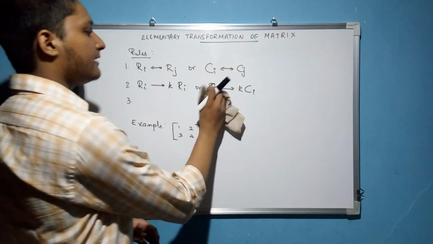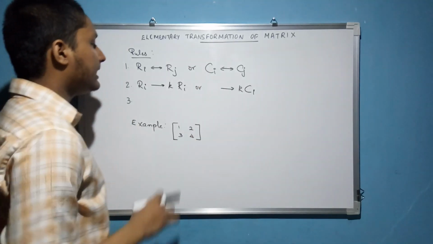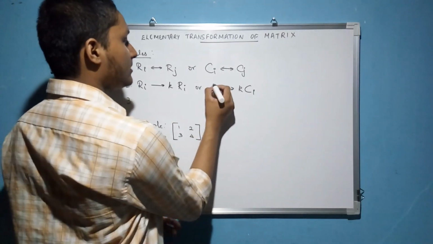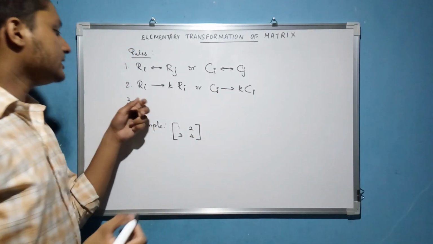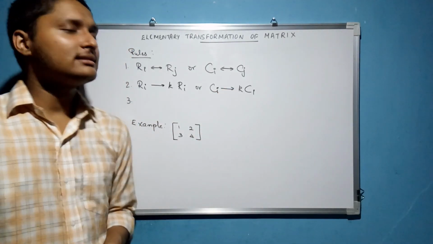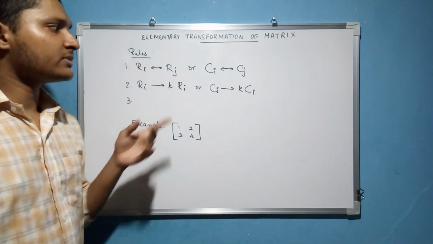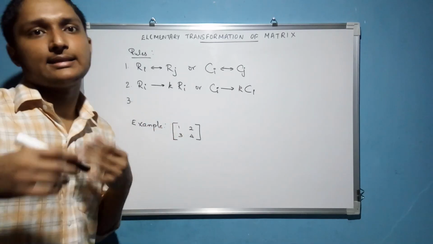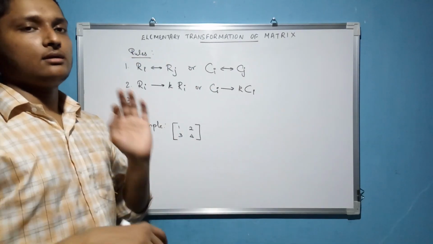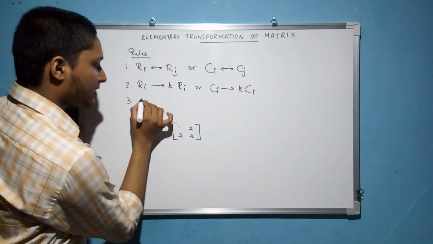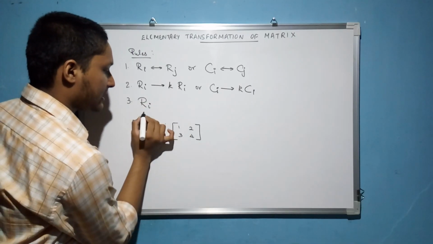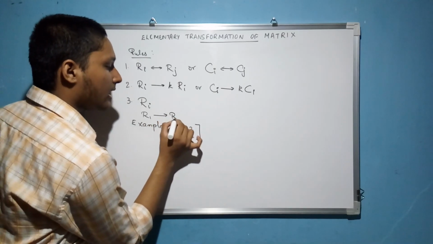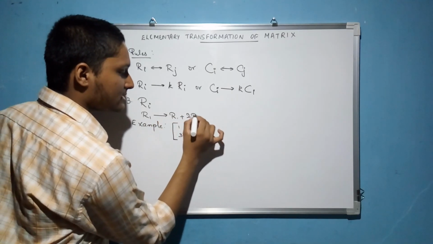Every element that is present in that row is going to get multiplied by a scalar, that is K. Similarly, you have one more thing. This is a little bit different when compared to the other two. In this one, you are going to add some number from some other row. So if I have the first row, I'll write an example down: R1, the first row, is getting converted into R1 plus 2 times R2.